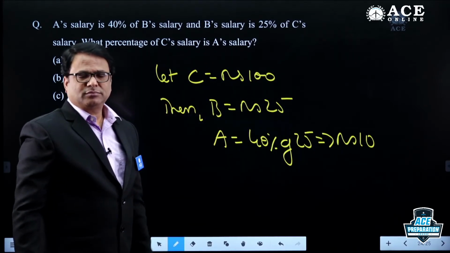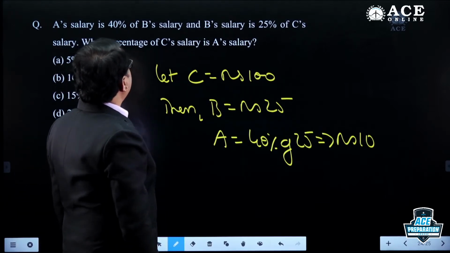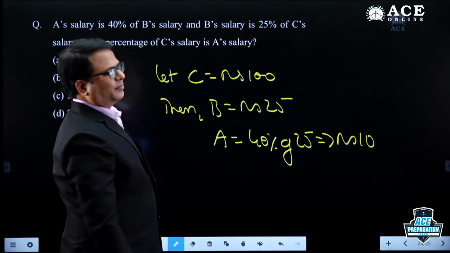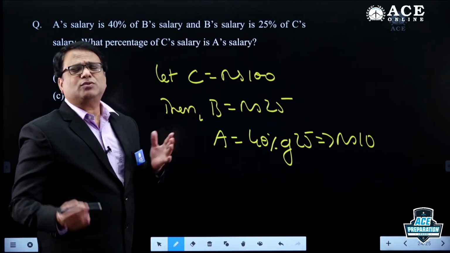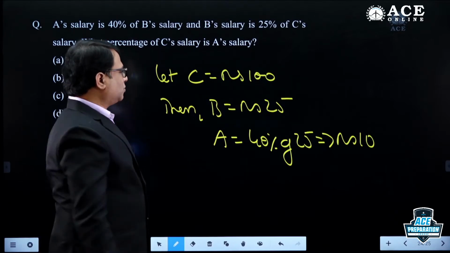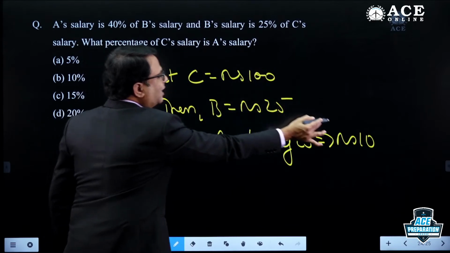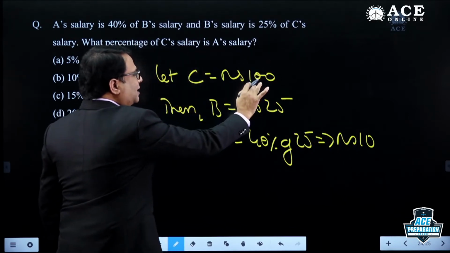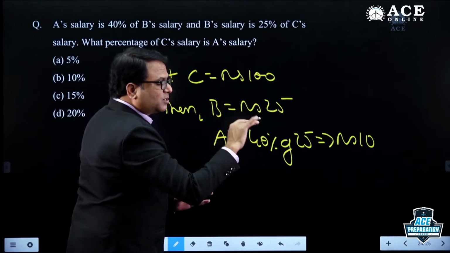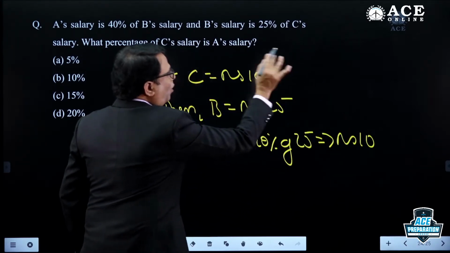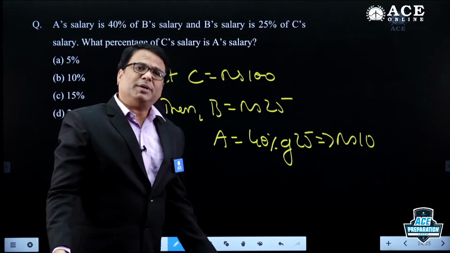And what is the question? What percentage of C's salary is A's salary? So A's salary when compared to C's salary is what percentage? That is the question. A's salary is 10. C's salary is 100. That means 10 is what percentage of 100? 10%.